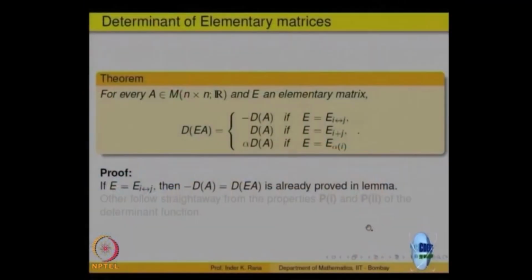So, what you are saying is that the determinant of a matrix pre-multiplied by an elementary matrix is the same as the product of the determinants, right, and that follows from this simple identity. Okay. So, let us go a step further. That is the same as written again, determinant of E A is equal to determinant of E times determinant of A. So, we can write that as a theorem.